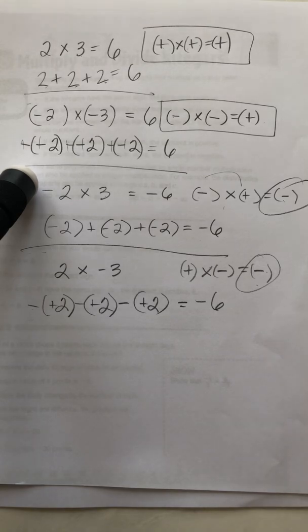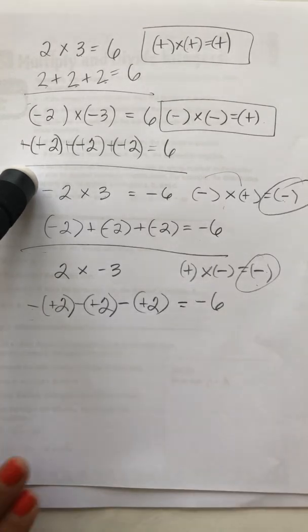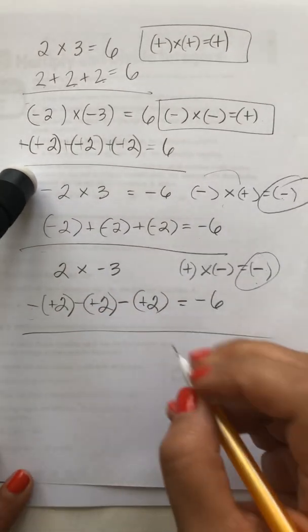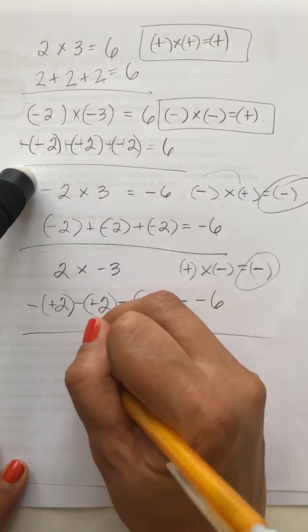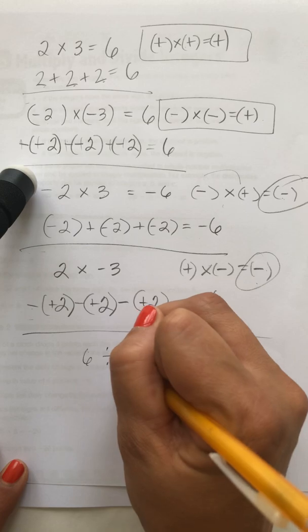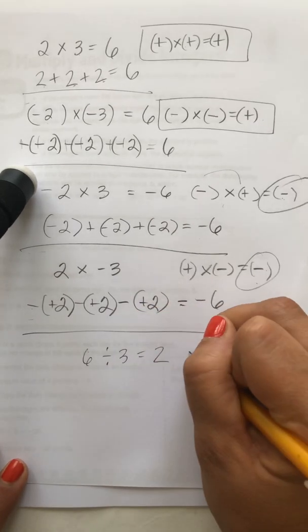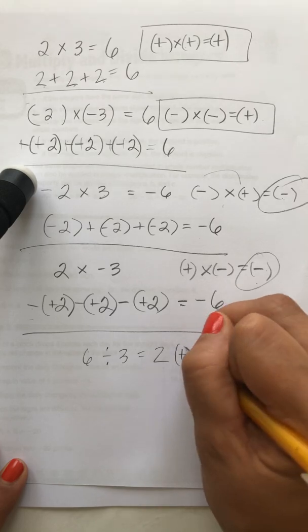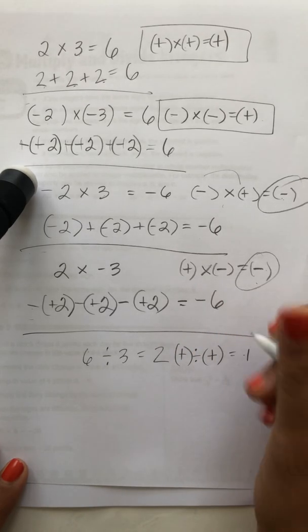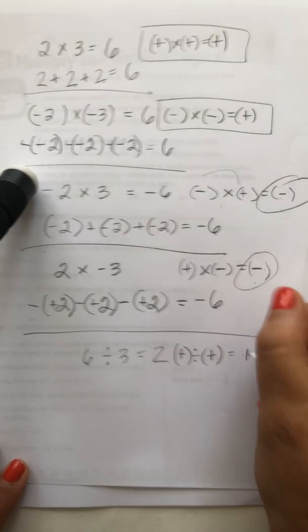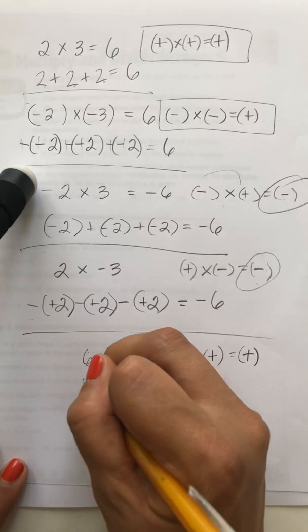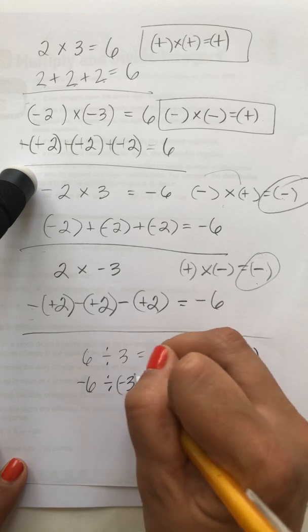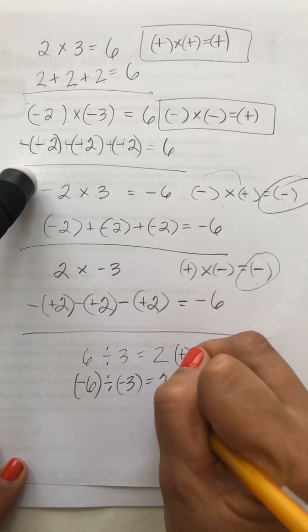And then division is the same. So when you're dividing integers, it's the same rules as these. So if I have 6 divided by 3, I get 2. So a positive divided by a positive gets a positive. And then if you have a negative 6 divided by a negative 3, you're going to get a positive also.